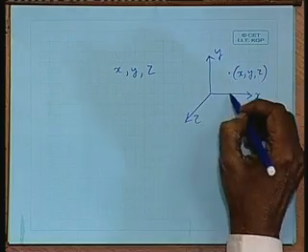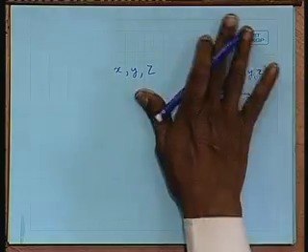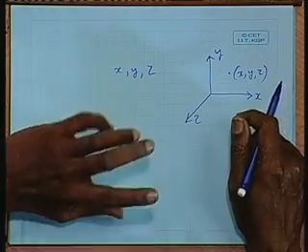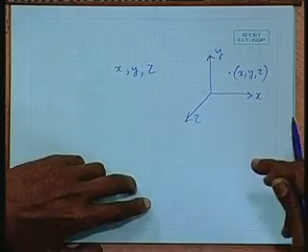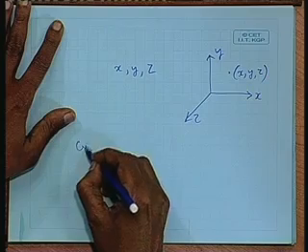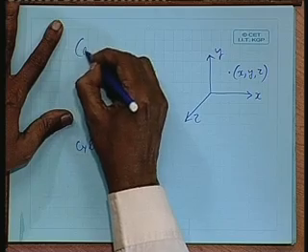X is the distance this way, y is the distance this way, z is the height from this plane, how far it is. Now, in propellers, since it is connected with a cylindrical movement, it is easier for us to define a point on the propeller blade in what are called cylindrical coordinates. This is Cartesian coordinates.